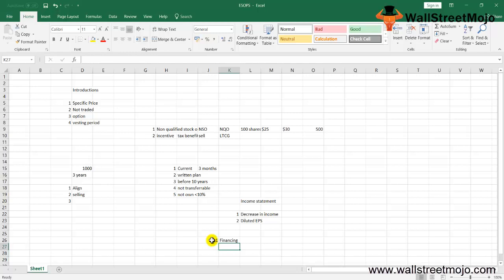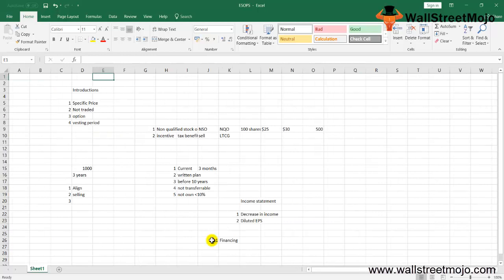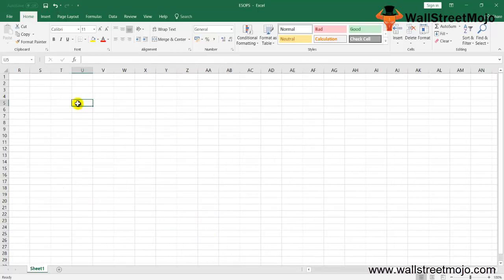So finally, let's make a conclusion on this particular tutorial. Stock option based compensation is a kind of compensation that is given by companies to its, you can say, shareholders. This type of compensation is commonly given by startup companies.